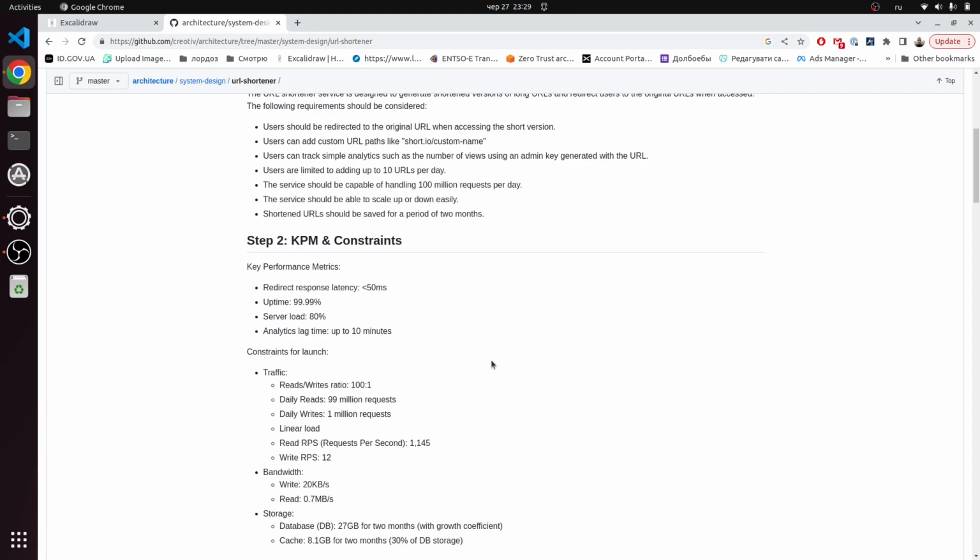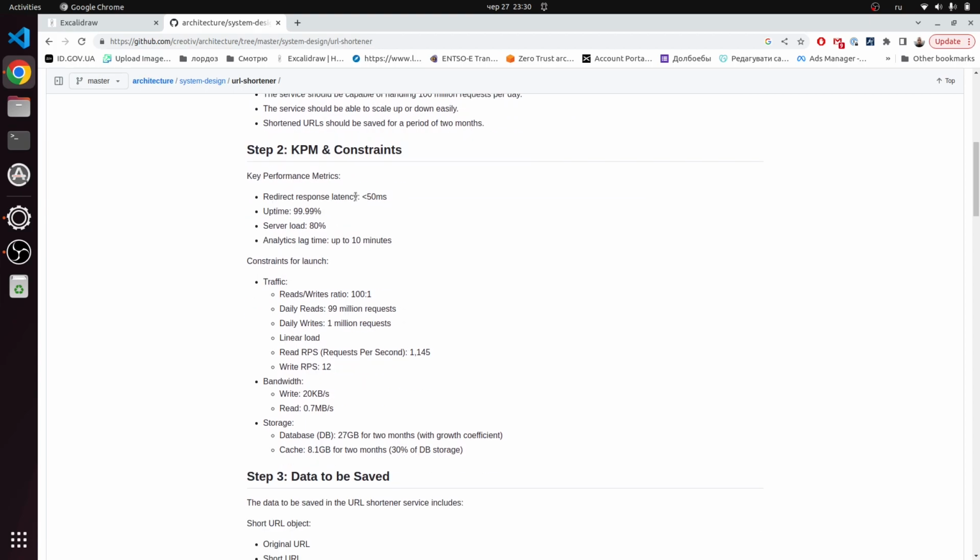For example, we describe limitations and metrics for launch time, but you will also have something like middle time and load time. Middle time is when you have most of the achievable users from your market, and load time is, for example, when you get the whole market for some reason and you were very lucky.